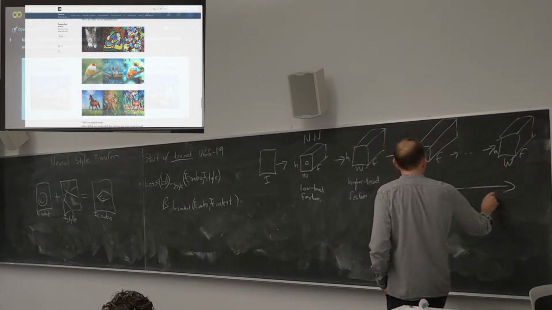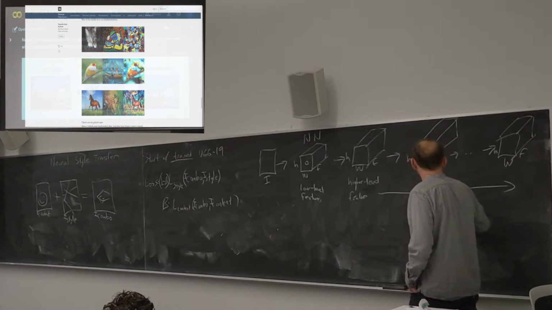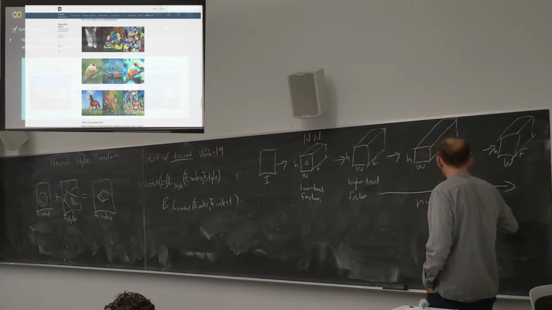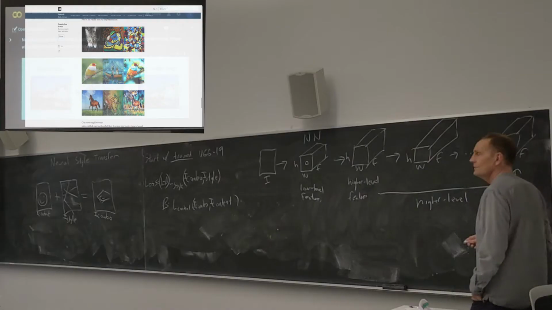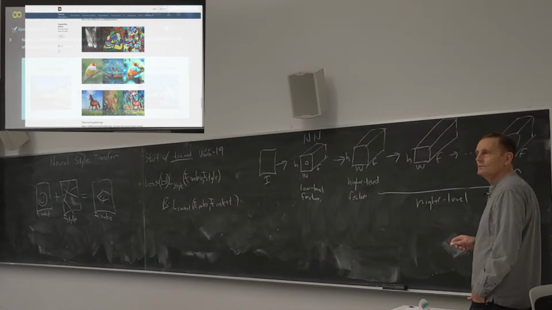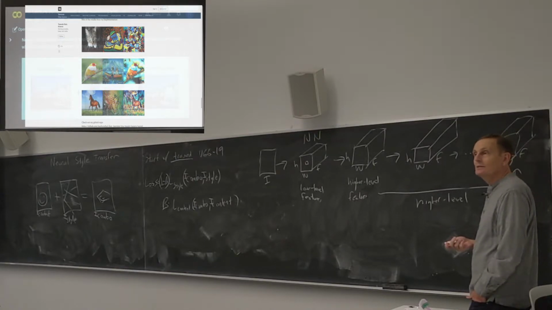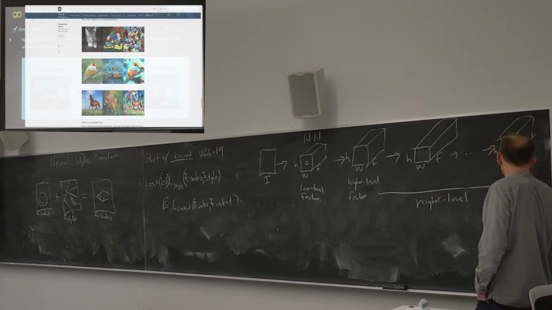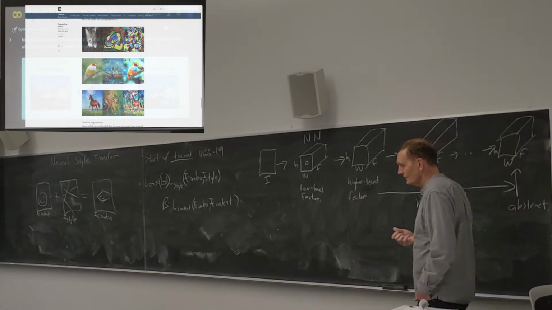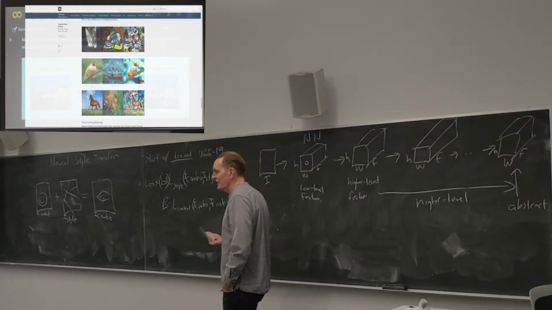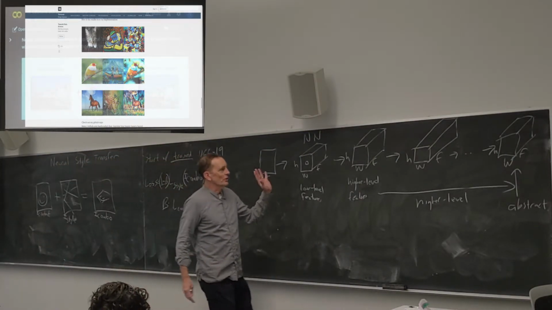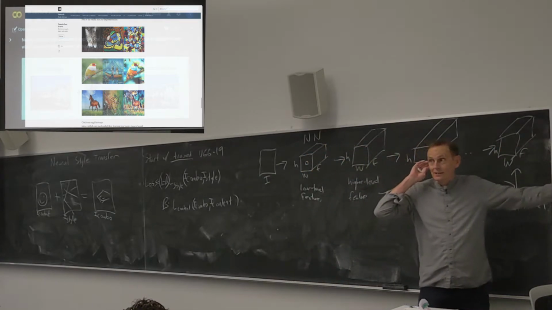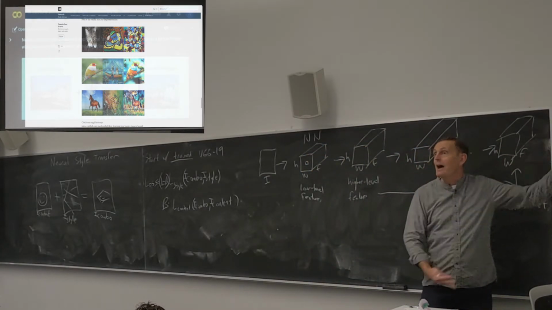And as we go to the right and down, this becomes higher level. When we get to this level, these are fairly abstract. Very high level. They might represent things like, because remember, to the right of this we have maybe one or two fully connected layers, and then we have our outputs.